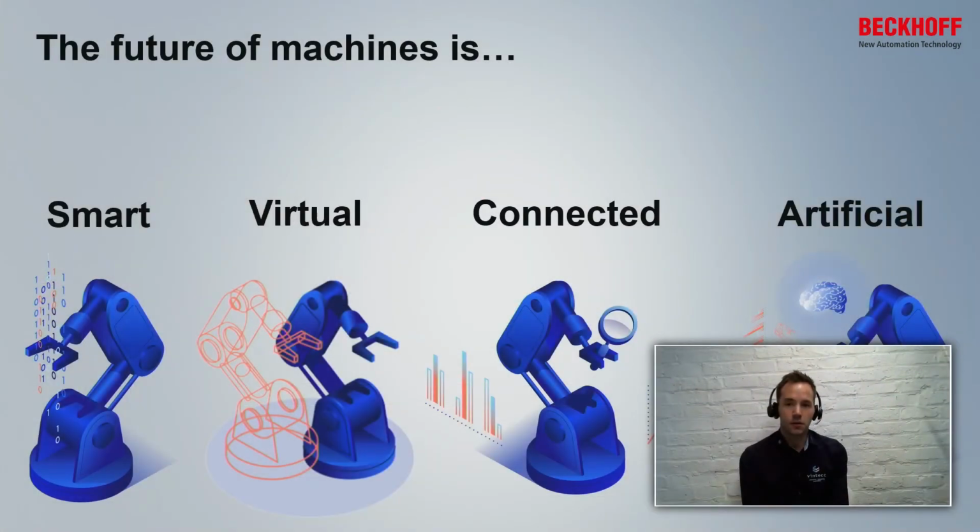Well, at Vintecc, we believe the future of machines is smart, virtual, and artificial. That's why we invest in creating the right tools, also to make sure no software development or software project is too complex for us. We already experience more and more requests for artificial intelligence techniques. That's why we also invest a lot of effort to build this expertise in that domain.